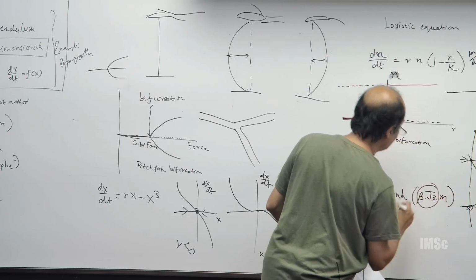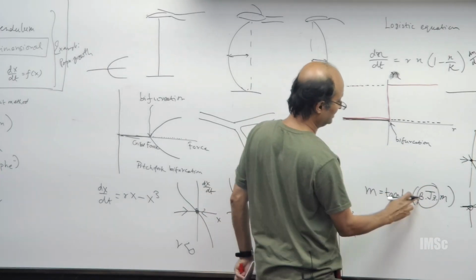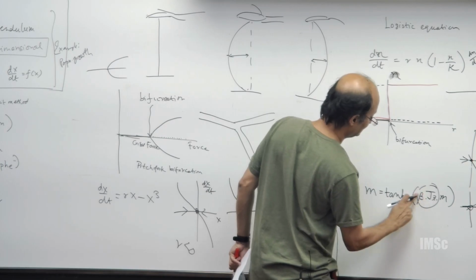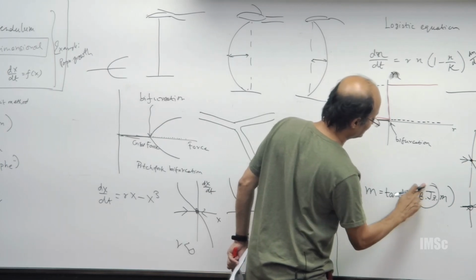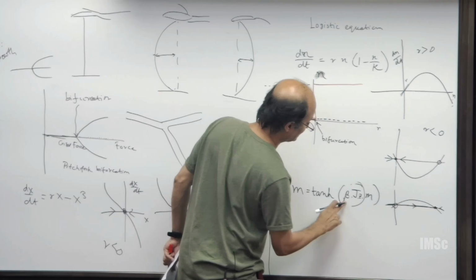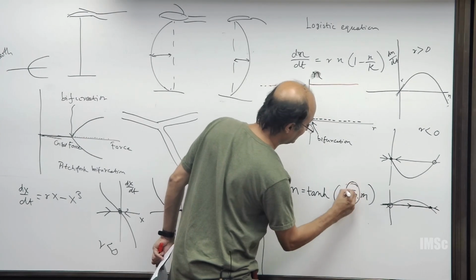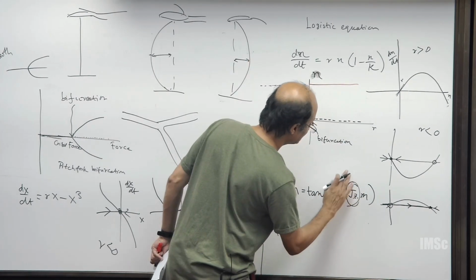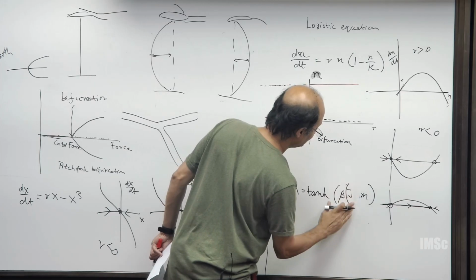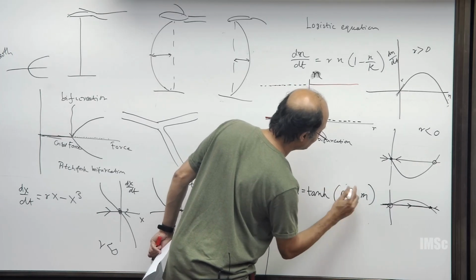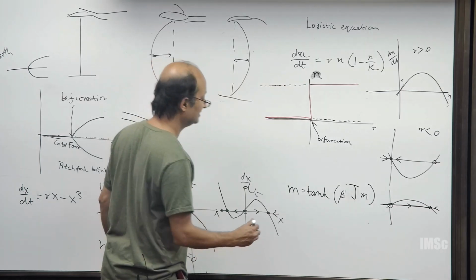Beta is my inverse temperature. So let us club this Jz into a single constant, let us just call it J.